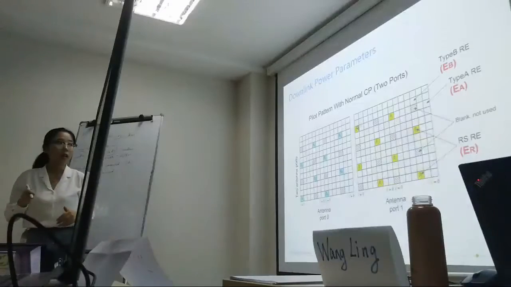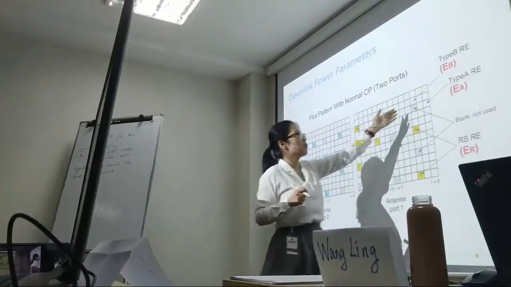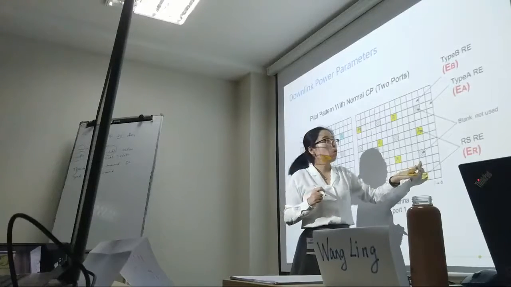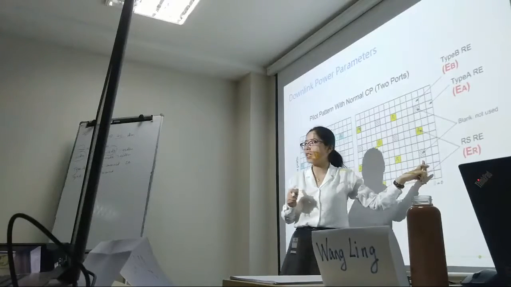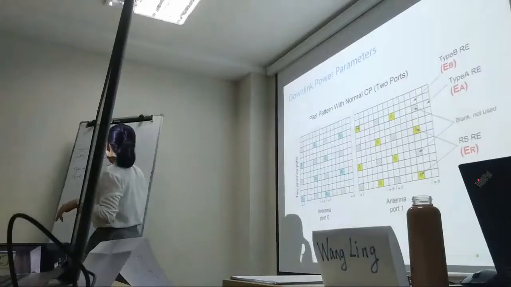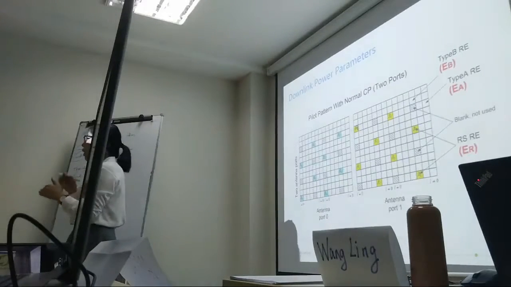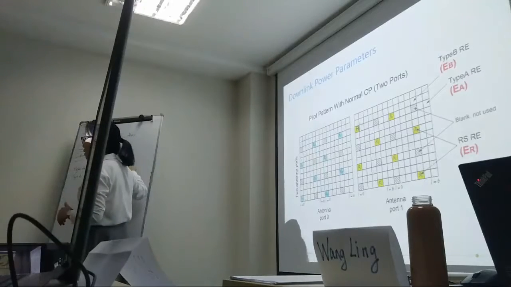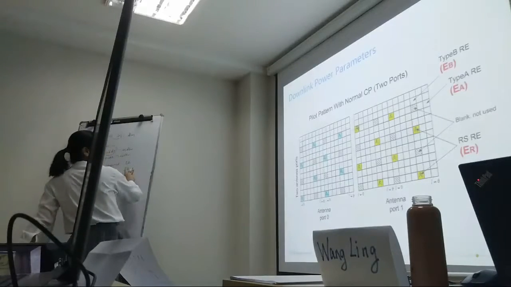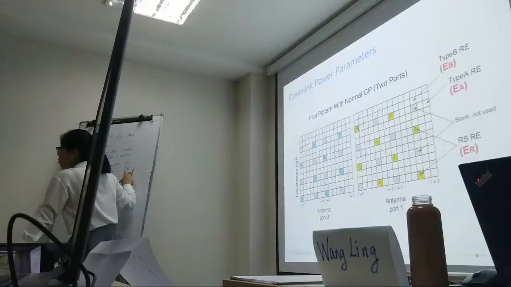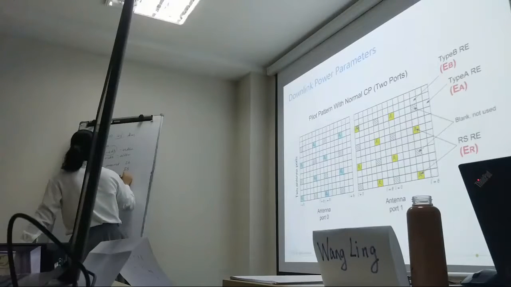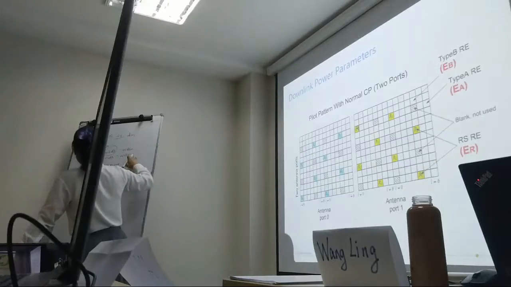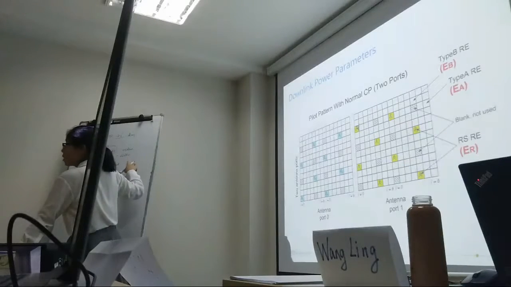In the type B symbol, the normal RE we name type B RE, and its energy is EB. So we have three kinds of RE: type A RE, type B RE, and the reference signal, whose energy we name ER.